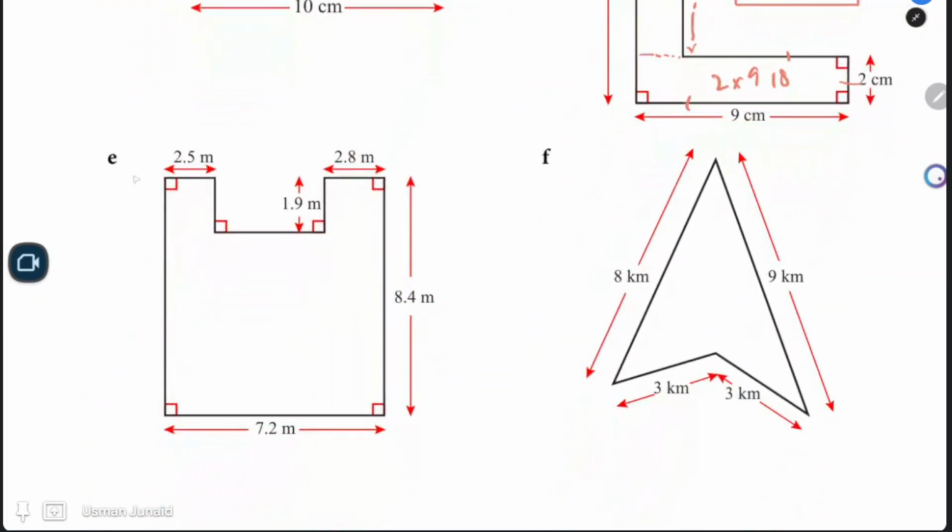Try solving E the same way. Give me the perimeter and the area.